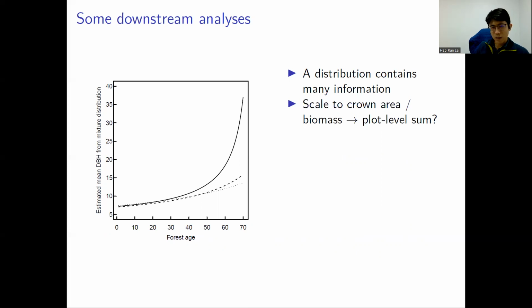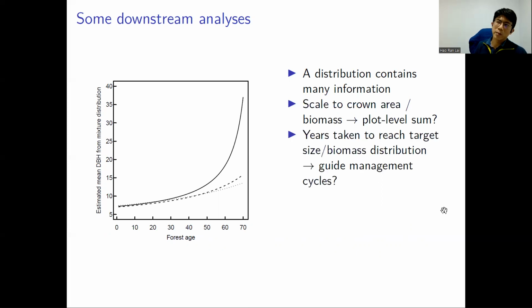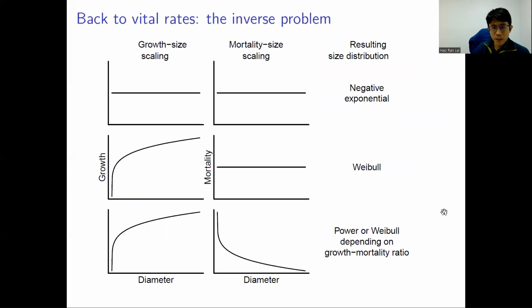Also, when you have that, you can look at the quantiles, etc., and maybe look at the years taken to reach a target size distribution, like how long does it take for 10% of the population to reach more than 10 centimeters. And this can help guide management cycles, like logging practices, very similar to the questions asked in fishery.